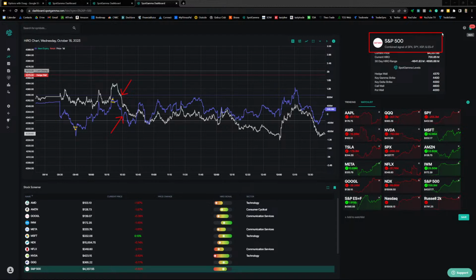So if you trade any form of the S&P 500, this is the signal that you probably want to look at. This is a signal that I look at. And I think typically Brent, the founder of SpotGamma, the creator of this, looks at that signal as well.